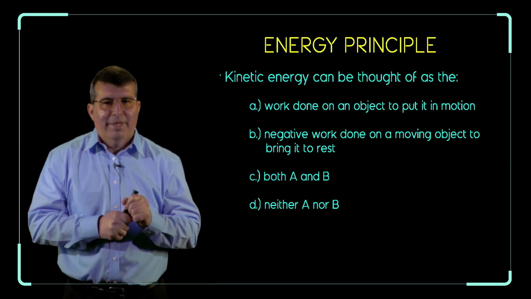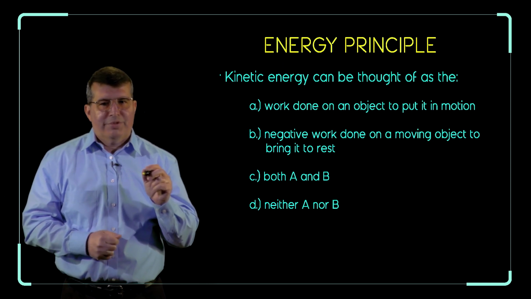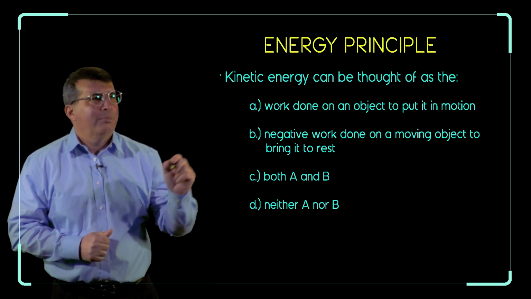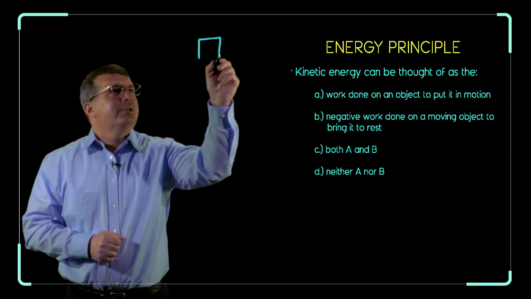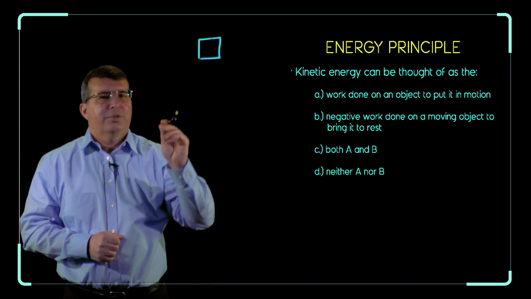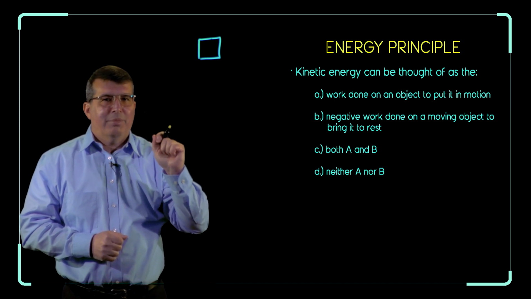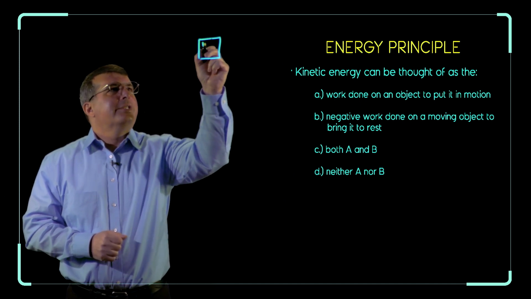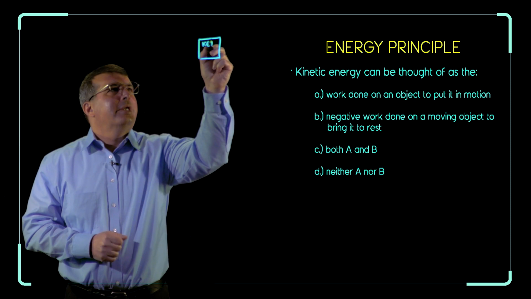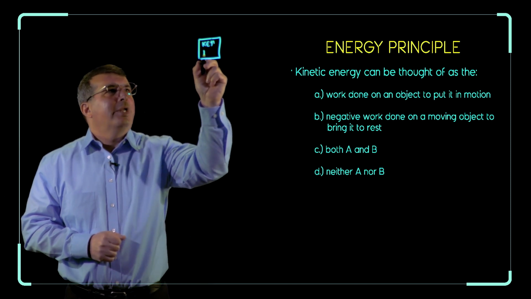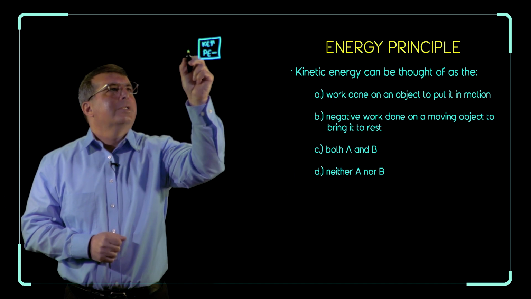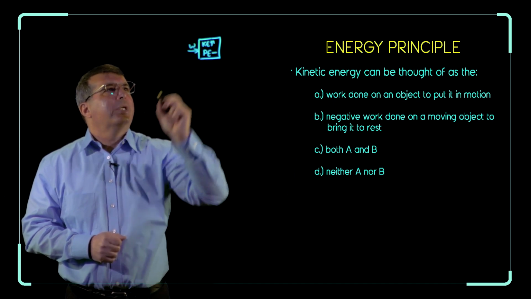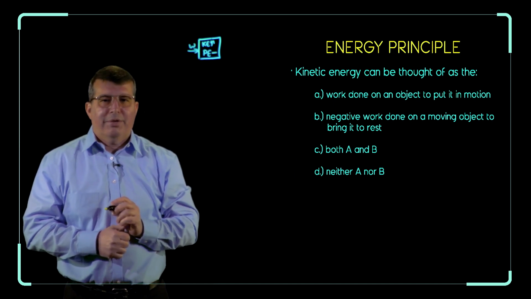Okay, so kinetic energy can be thought of as the work done on an object to put it in motion. Let's think about that. If something is not moving and then it is moving, then its kinetic energy increases while its potential energy stays the same. So something must have done work to increase that kinetic energy.